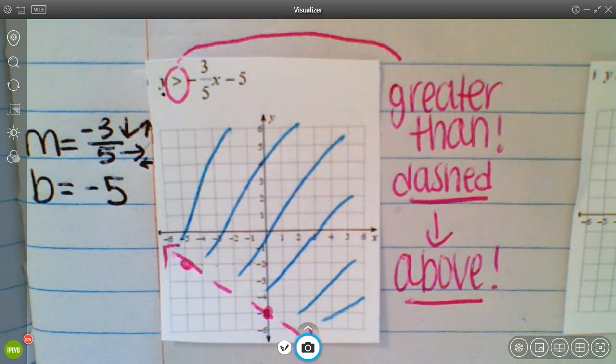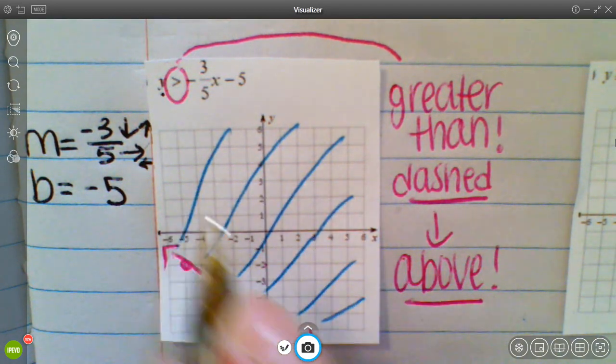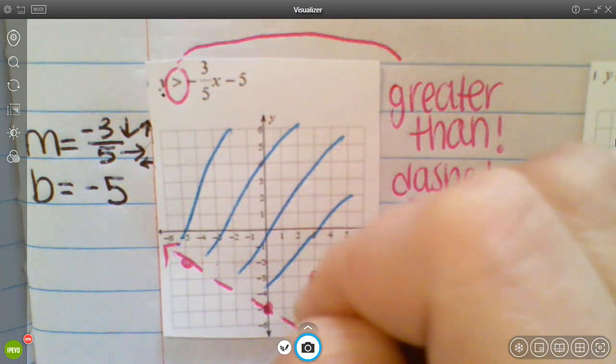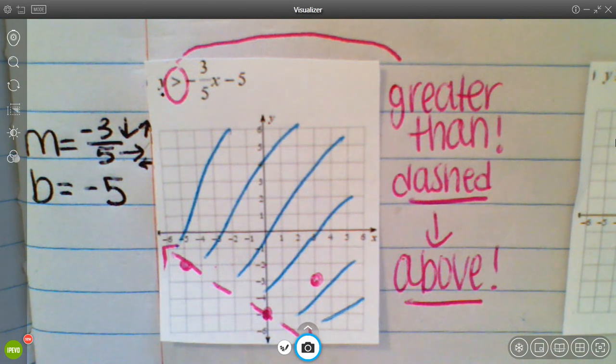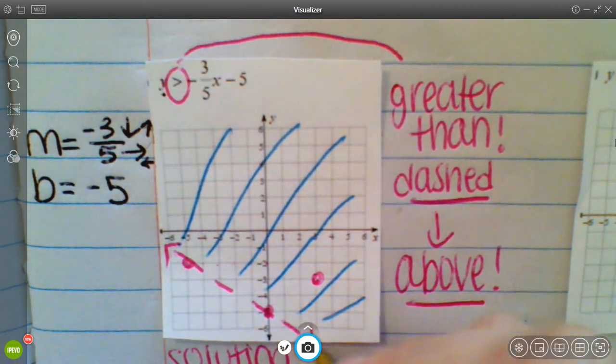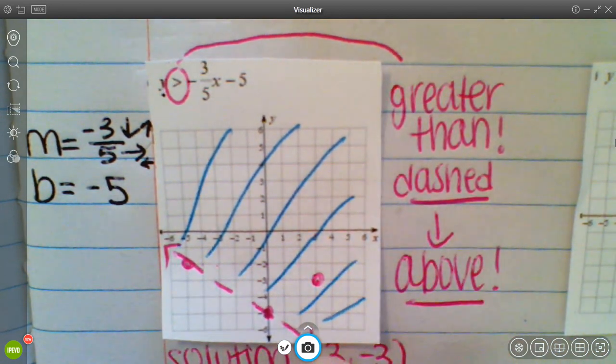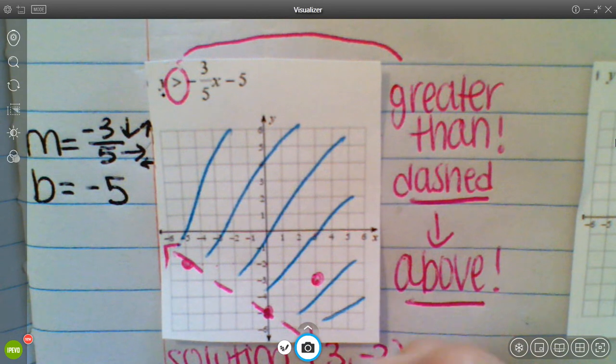So if I want to name a solution now, it's anything here. So maybe I say this point. Okay, so my solution, one of them, remember there's a bunch, is (3, -3). And what about what's not a solution?